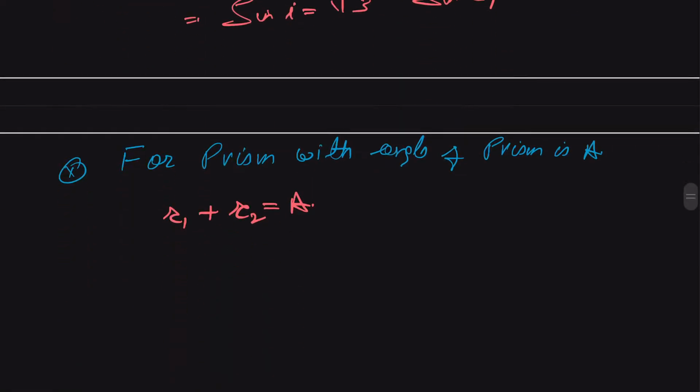Therefore from here, R1 is the angle of prism given, 75, minus 60, which is equal to 15.